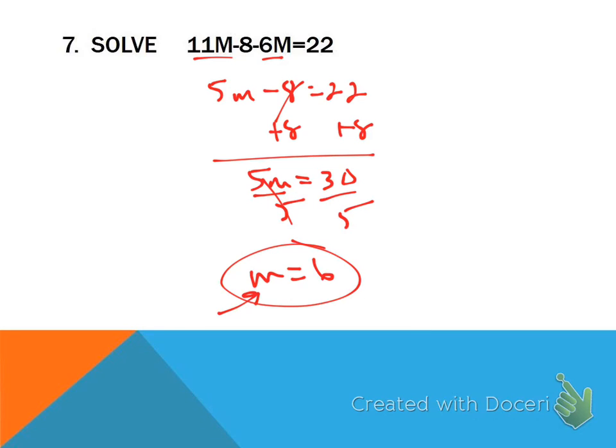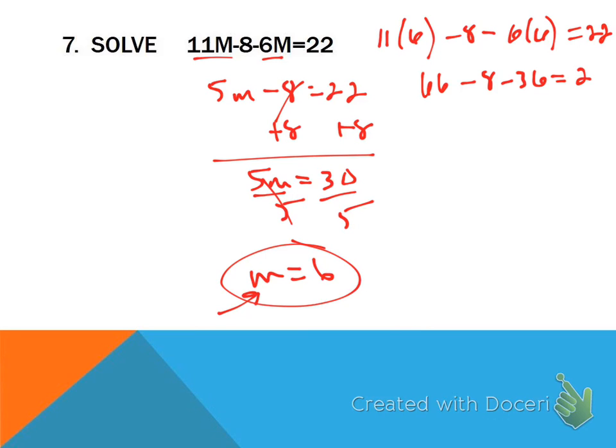If you put 6 in for m up here, then this would work as well. This is 66 minus 8 minus 36. 66 minus 8 is 58. 58 minus 36 is 22.